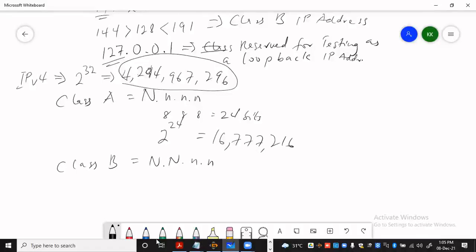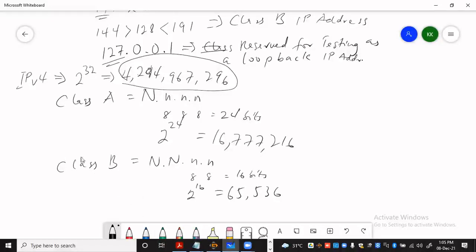So you have 8 and 8, which means you have only 16 bits to work with. So 2 raised to the power 16 is 65,536.